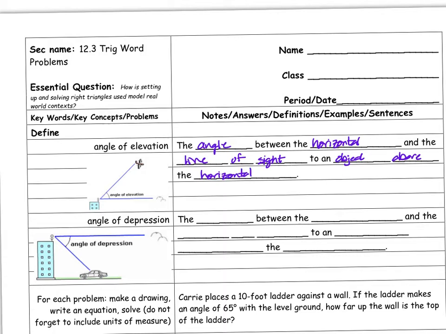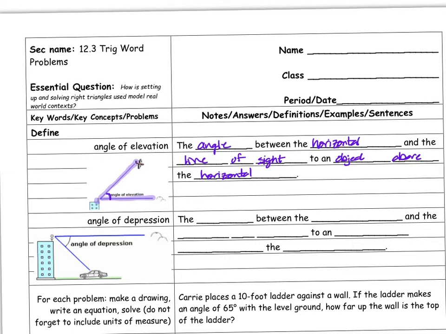If we look at the picture, see my little guy standing right here. Here's his line of sight. It's straight out from your vision, your eyes. Then the angle of elevation is the angle from your line of sight to whatever you happen to be looking at, in this case the airplane. So that would be an angle of elevation.